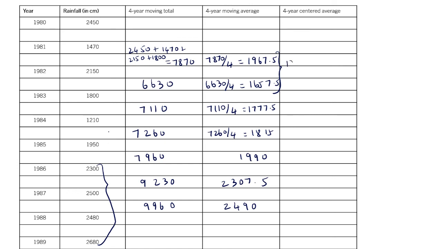So it is 1967.5 plus 1657.5 divided by 2. So when the average of these two is calculated, we will get it along 1982. So this is 3625 by 2. This is equal to 1812.5.